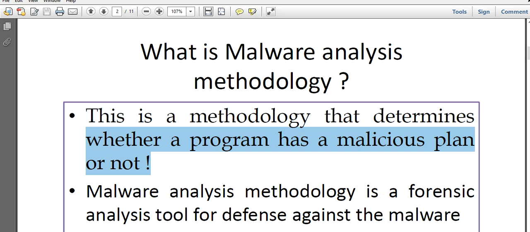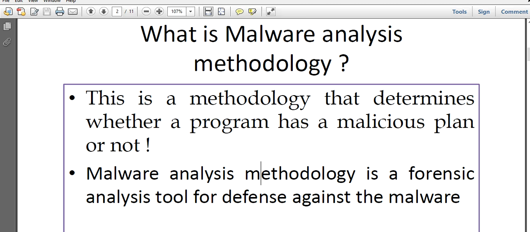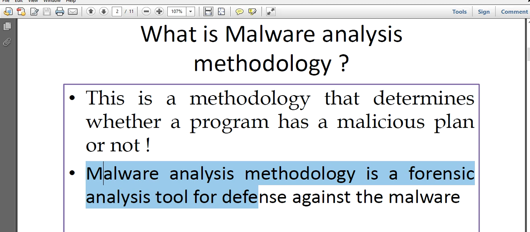What is meant by a malicious plan, I described in my last lecture. This methodology is a forensic analysis tool for defense against malware.